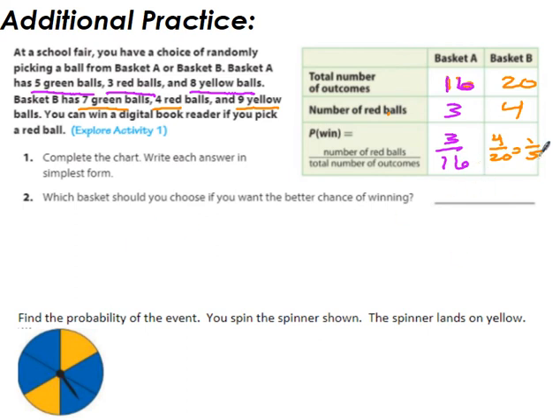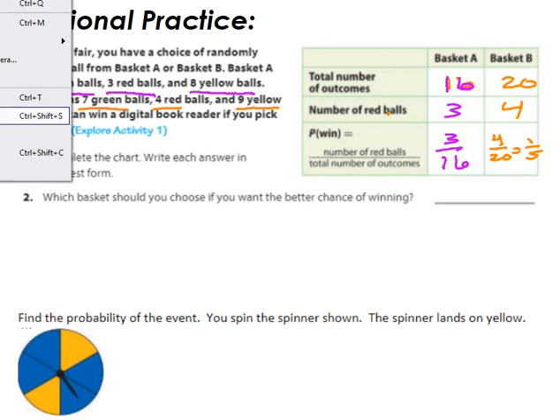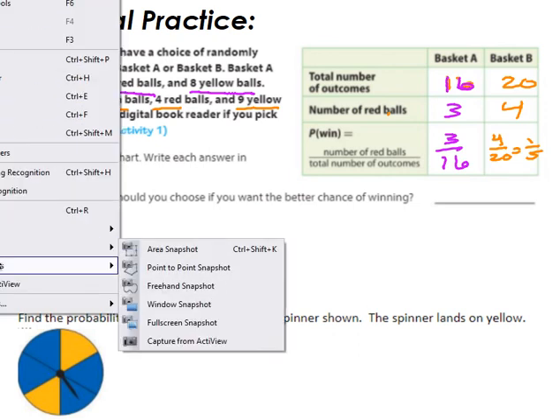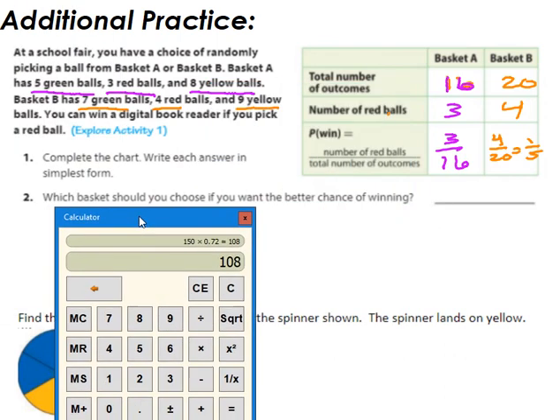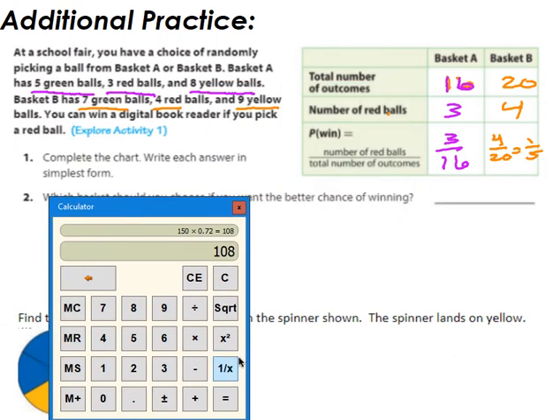Well, unfortunately, it's hard to compare these right now because one's 3 out of 16 and one's 1 out of 5. So they don't have like denominators, so it's really hard to see which one's better. But I know there's a really easy way to know the exact probability for each one where they're not a fraction, and that's if I just use a calculator and change. This is when it's really nice to have percentages.